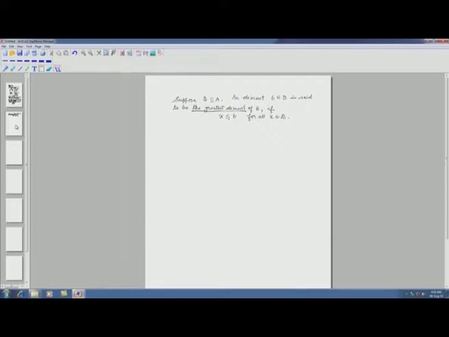So, we do not prove it again, we just write if B has a greatest element then it is unique.